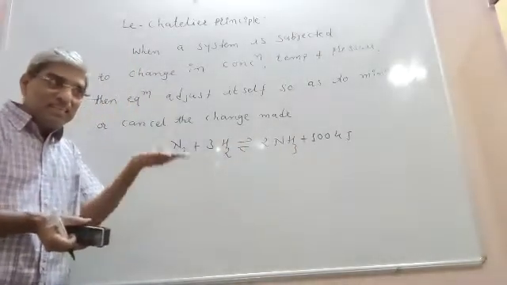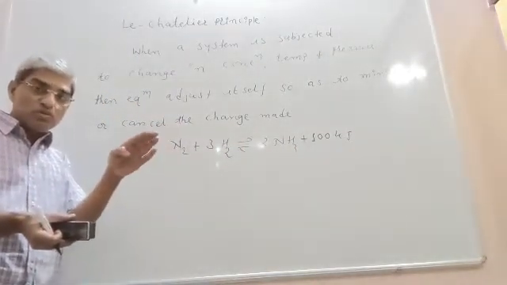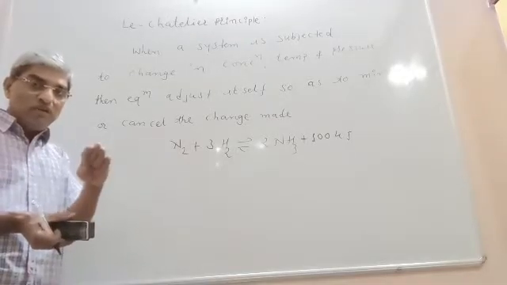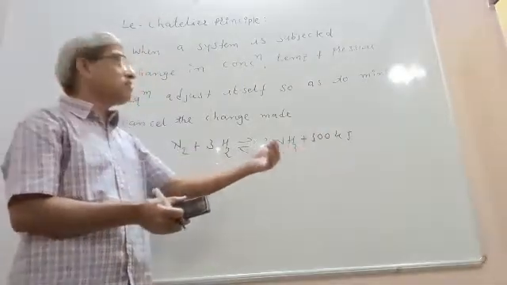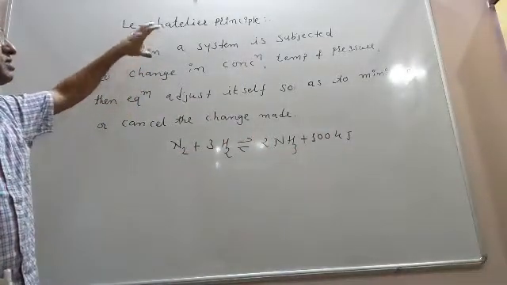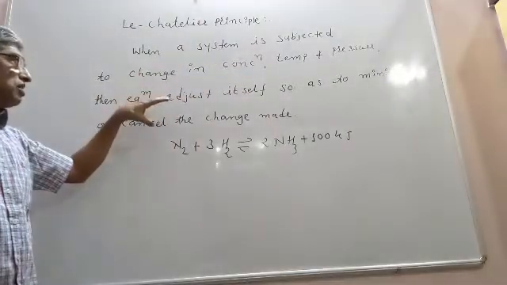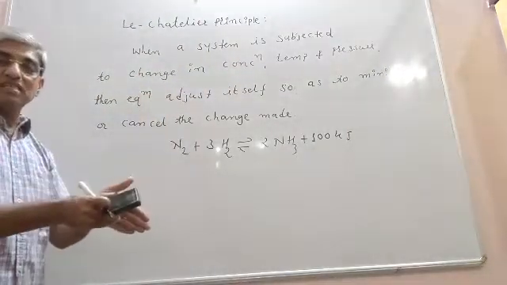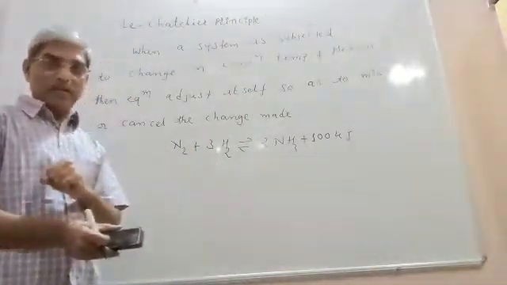Means that change in pressure is nullified, to shift the equilibrium towards the product side. That's why we say when a system is subjected to change in concentration, temperature, pressure, then equilibrium adjusts itself so as to minimize or cancel the change made.